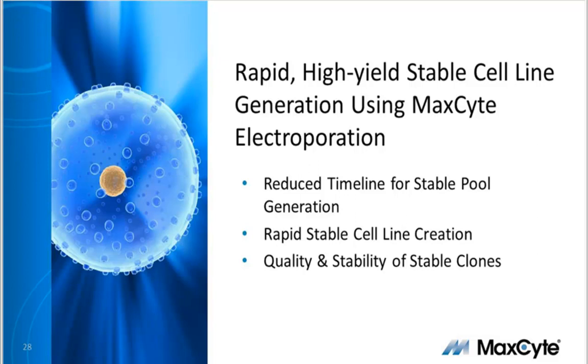Ultimately, though, you need to stably express your therapeutic. So in the last section of the webinar, I'd like to share how Maxcyte electroporation offers significant advantages for rapidly generating stable pools and clonally derived stable cell lines. I will also discuss the extensive work we have done to establish the quality and robustness of the generated single-cell clones.